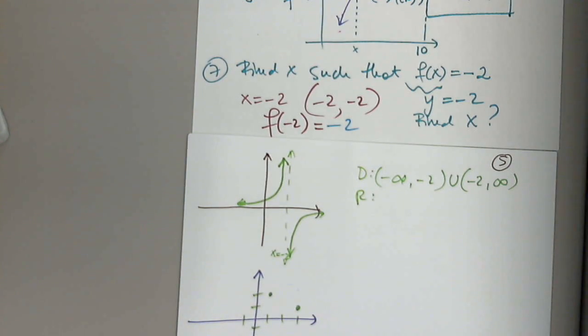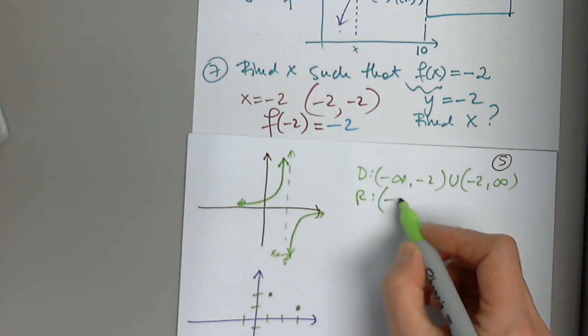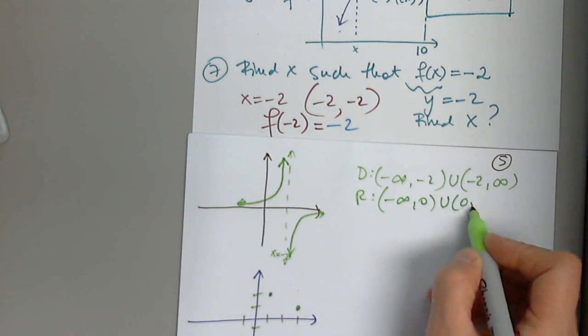This is indeed a vertical asymptote, and indeed the function is not defined at negative 2. So the same idea with the range. From the lowest y value where the function exists. Negative infinity to 0, and union 0 to infinity.